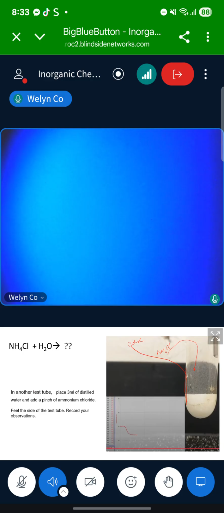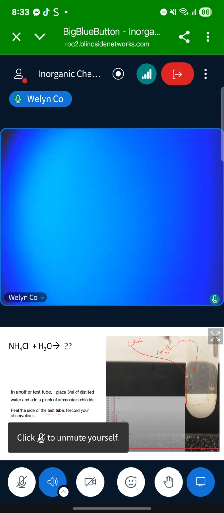So ito yung procedure. In another test tube, place 3 ml of your distilled water and add a pinch of ammonium chloride. Then feel the side of the test tube. Itong in-ignore nyo eh. You did not, kumbaga, follow the procedure. Record your observations. So in this presentation I have, you have here the initial temperature of your water before the ammonium chloride was added, it is at 20 degrees.